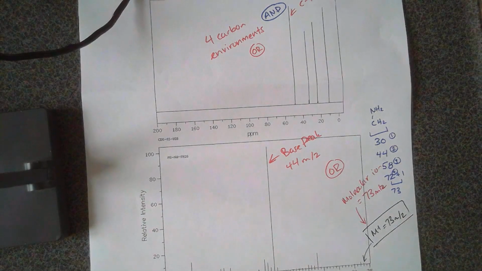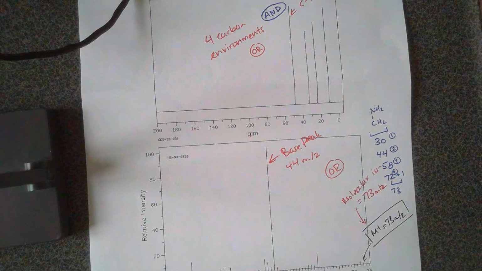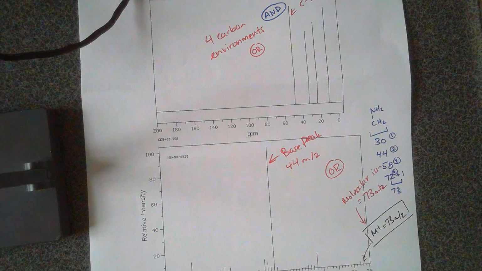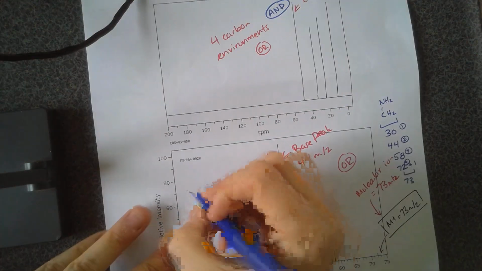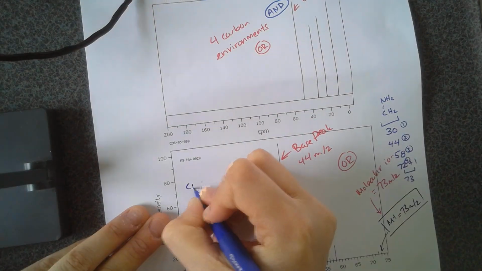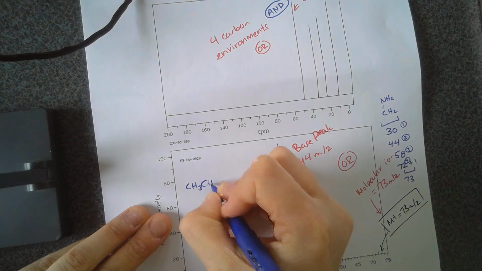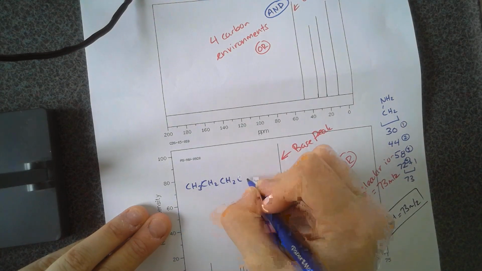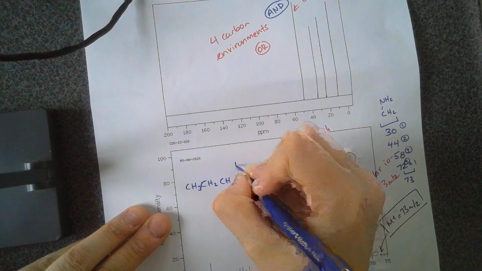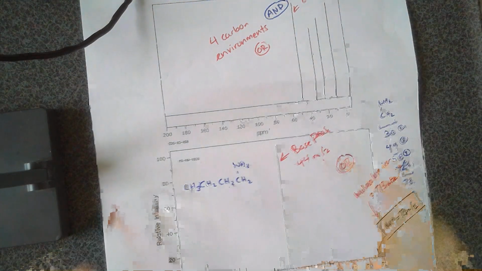All right, we good? So now I need to draw some molecules that fit the parameters of 4 carbon environments, amine, and a primary amine. For example, I could do a straight chain with a nitrogen at the end.